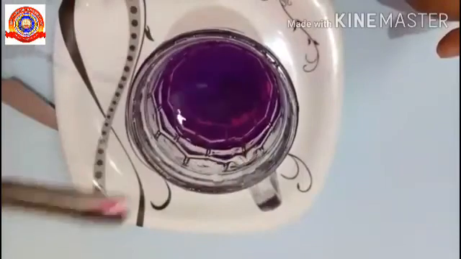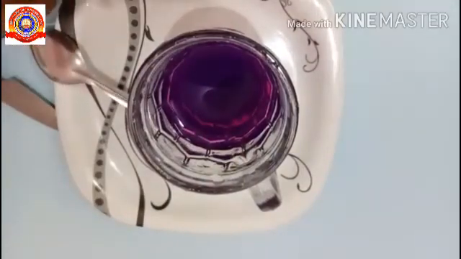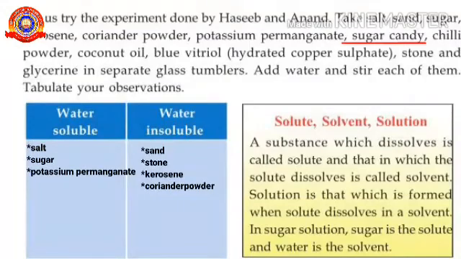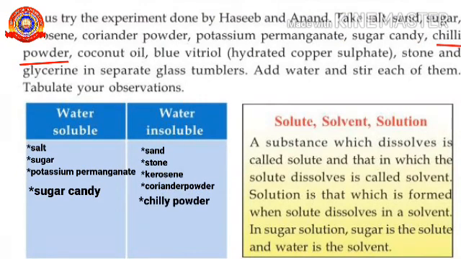That means potassium permanganate is soluble in water. Then sugar candy. It is also soluble in water. Chili powder is like coriander powder. It is not fully soluble in water, so it is in the water insoluble list. Next comes coconut oil. It is also not soluble in water.